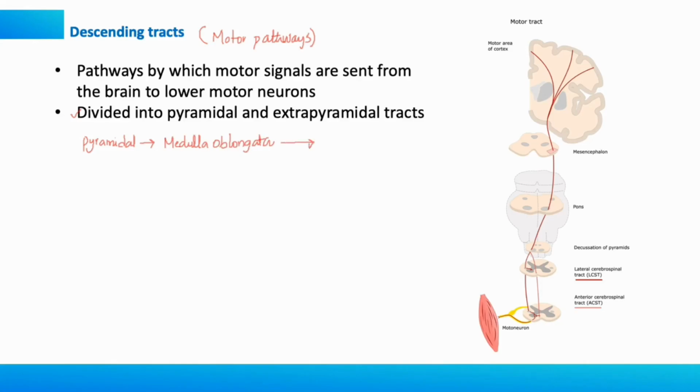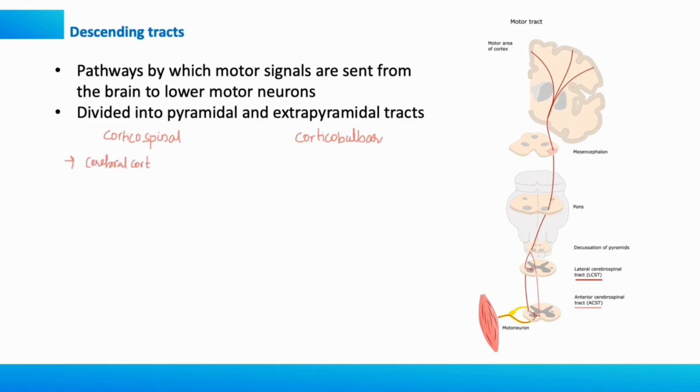What are the examples for pyramidal tracts? Corticospinal tracts and corticobulbar tracts. Let's try to understand the basic difference between corticospinal and corticobulbar tracts. Corticospinal tracts arise from the cerebral cortex, mainly from primary motor cortex areas, that is area number 4 and 6.